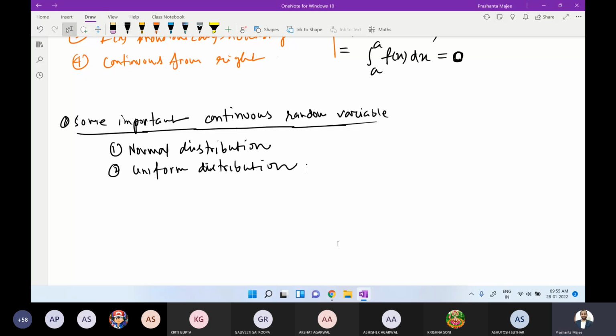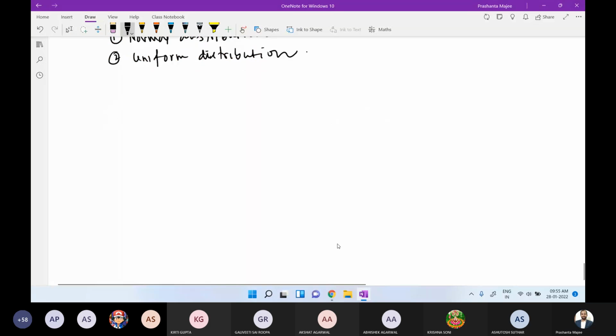So we have to define a few more things: the definitions of expectation, variance, and standard deviation. So we have a random variable.